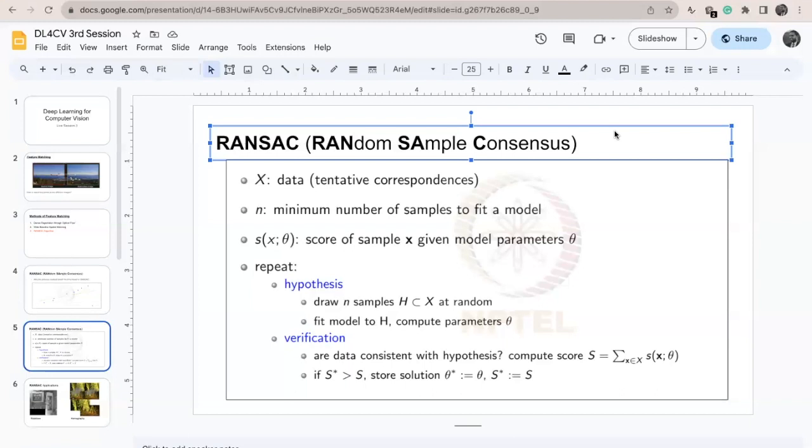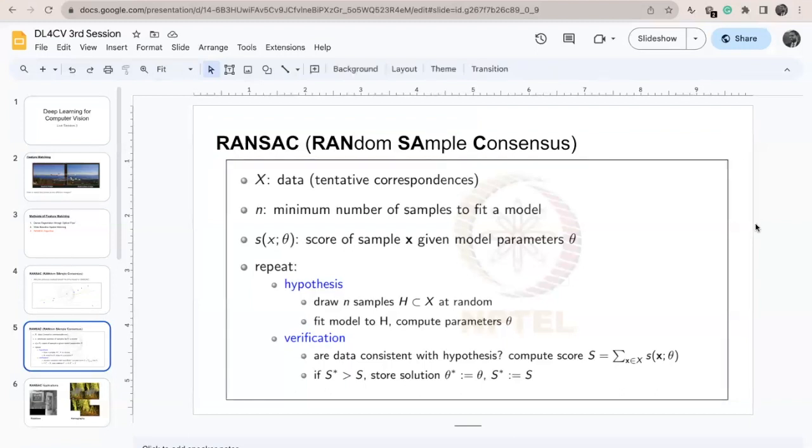Let S be a score function of a sample X given the model parameter theta. If we give the model parameter theta, the score that we get is S. Basically the score is just like RMSE, I guess.